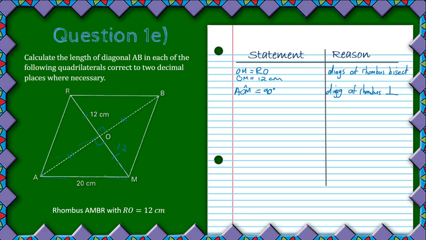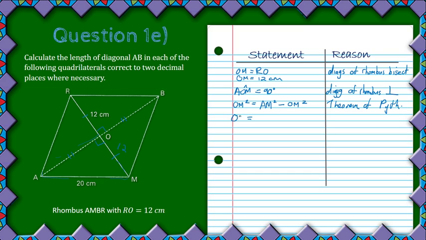And then I can use Pythagoras. So remember, if I want to find the short side, so I want OM squared, I take my long side, AM squared, and I subtract my other short side squared, OM squared. So let's substitute in our values. Oh yes, and of course say Theorem of Pythagoras.